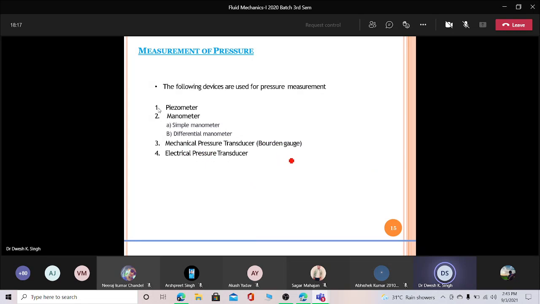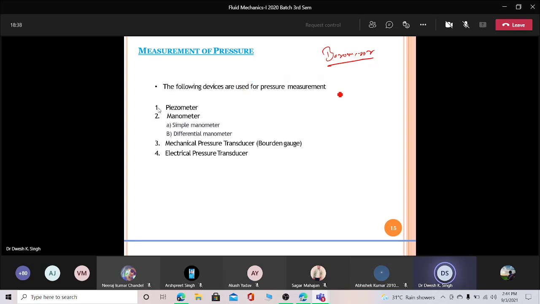After this, we will discuss the most used instrument for measuring pressure. What we have discussed initially was the barometer, which is used to measure only the atmospheric pressure.